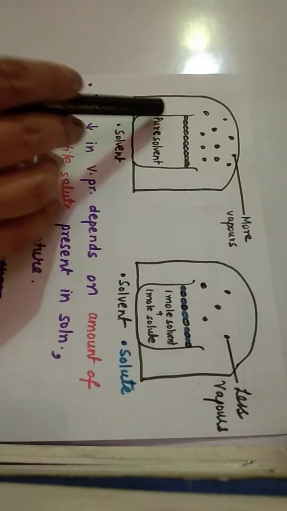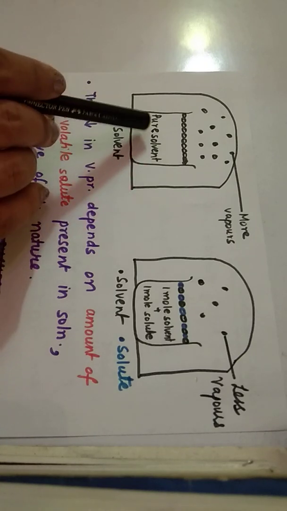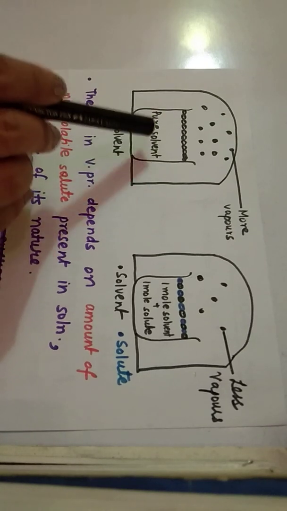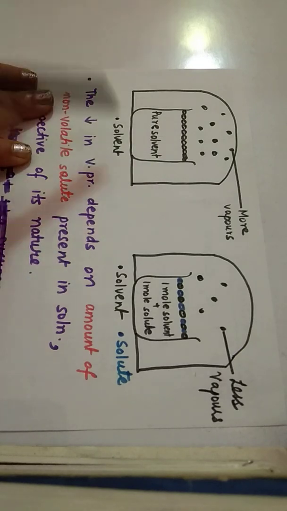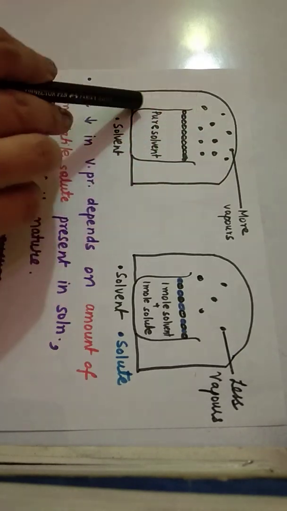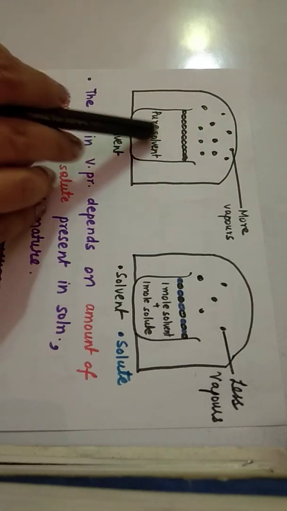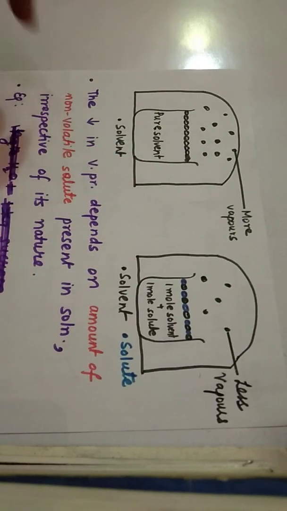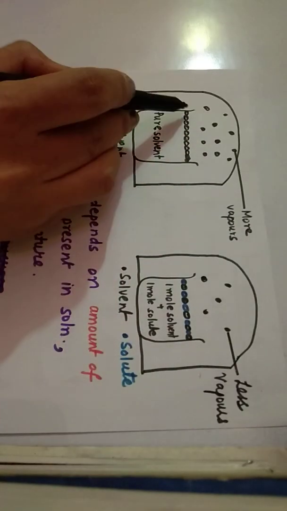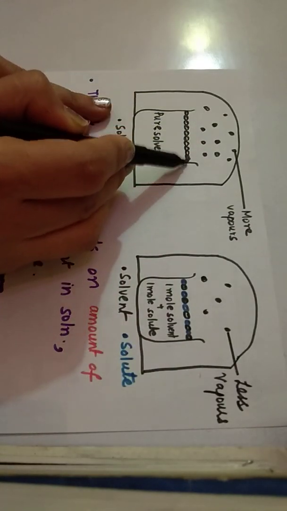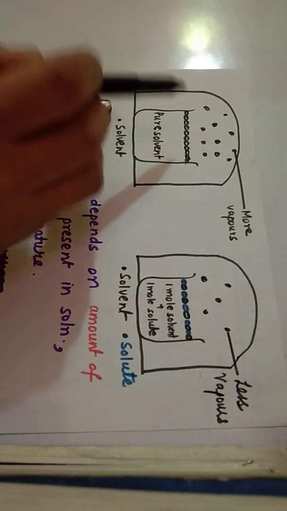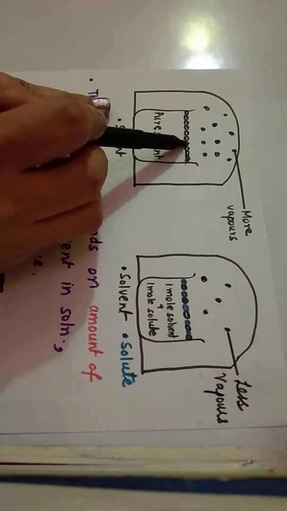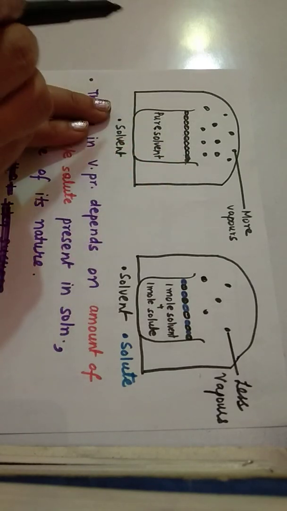And here we have only the pure solvent. Suppose the solvent is water. Water is volatile in nature. This container is closed. So if you heat this pure solvent, then at the surface all the molecules of solvent are there and these molecules are volatile in nature.